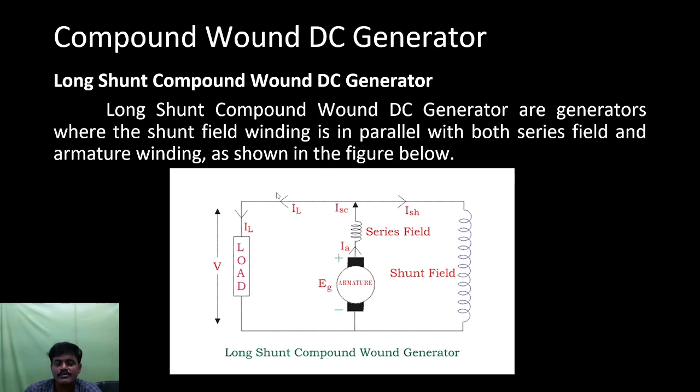The field coil which is parallel to the series combination of armature as well as series field winding is called the long shunt compound wound generator. Long shunt compound wound DC generators are generators where the shunt field winding is in parallel with both the series field and the armature winding, as shown in the figure below.